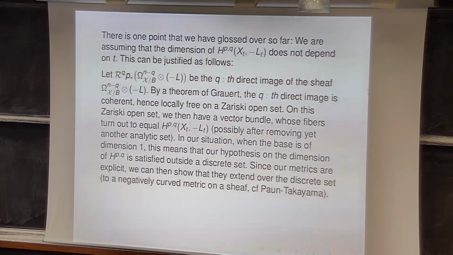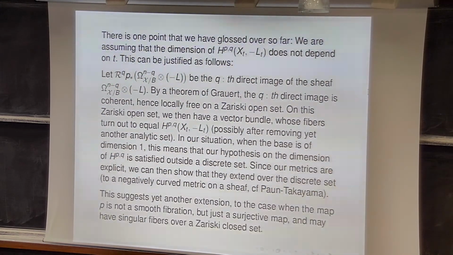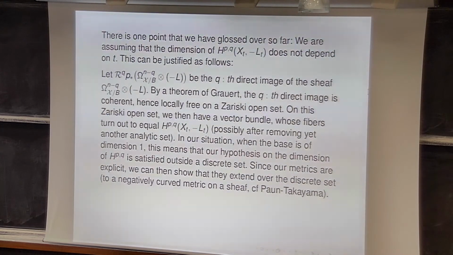By a theorem of Grauert, you get sheaves that are coherent, so they are locally free outside an analytic variety. And then we have a vector bundle whose fibers are equal to precisely those spaces that we had there, maybe after removing another analytic set.